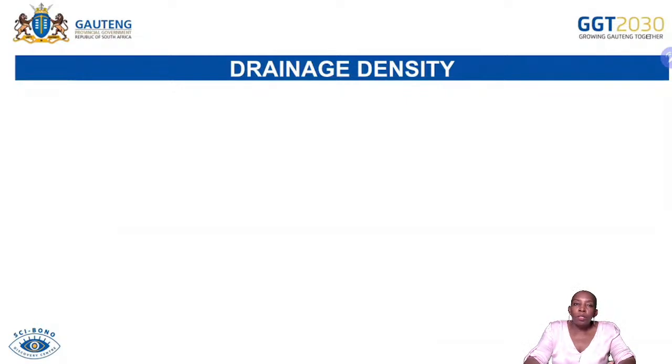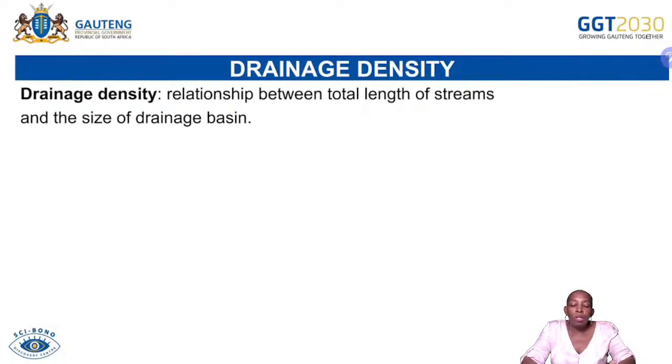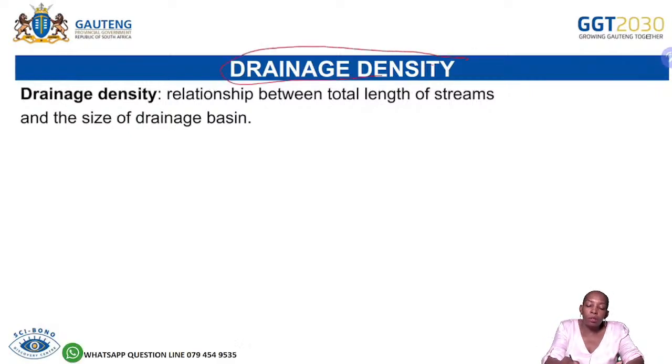Good day, grade 12s. Okay, I will take you through the lesson. We are now going to look at drainage density. With drainage density, what you need to note is that it can come as a question where you have to define it.